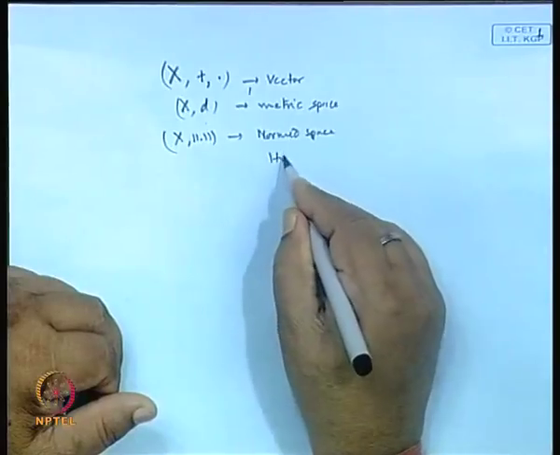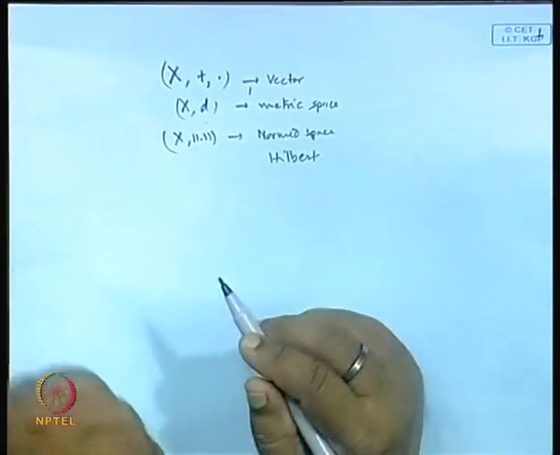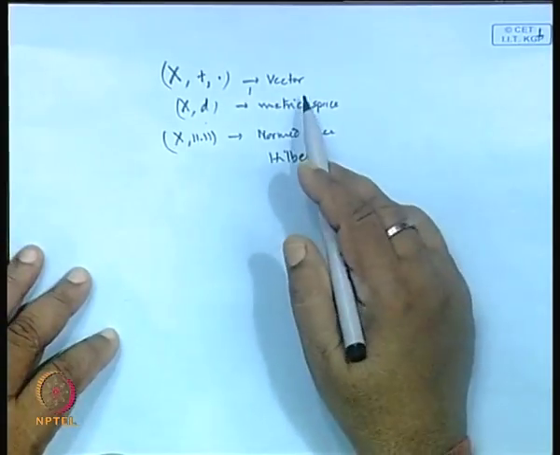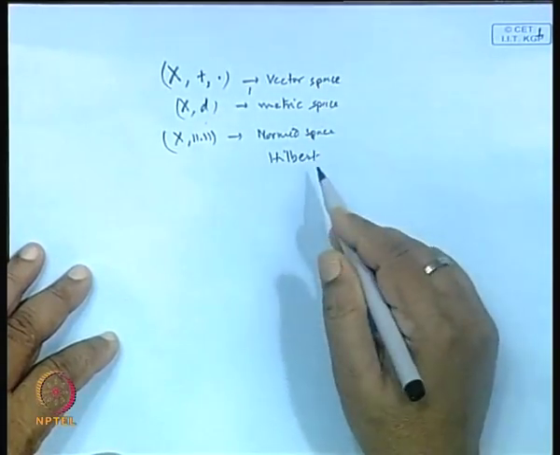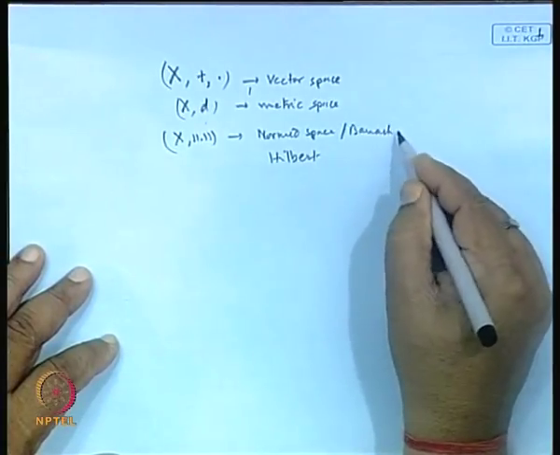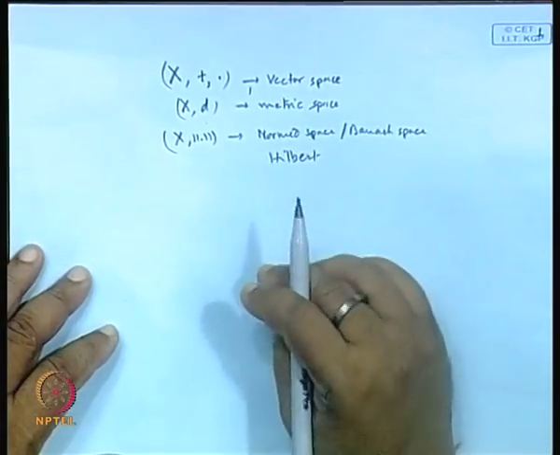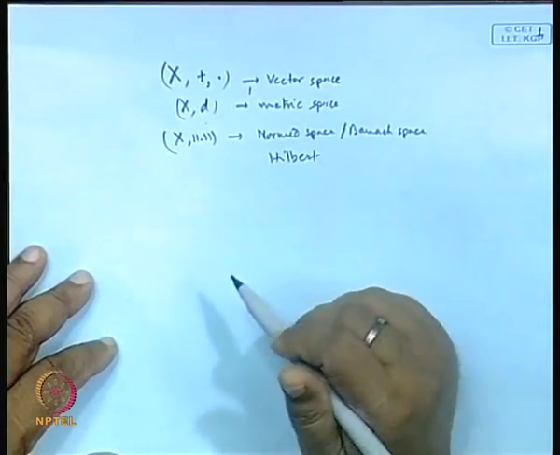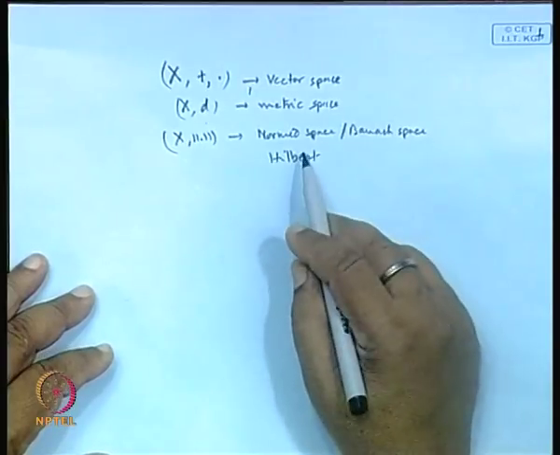So, basically with the help of the various structures defined on a set X or on a vector space X, we get various types of structures like vector space, metric space, normed space, Banach space, and Hilbert space.